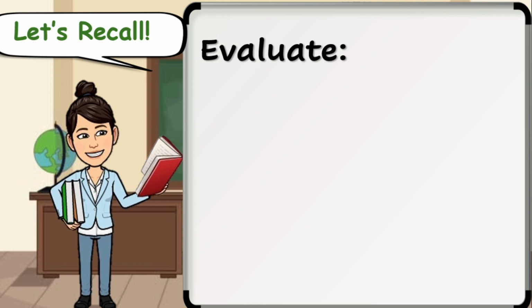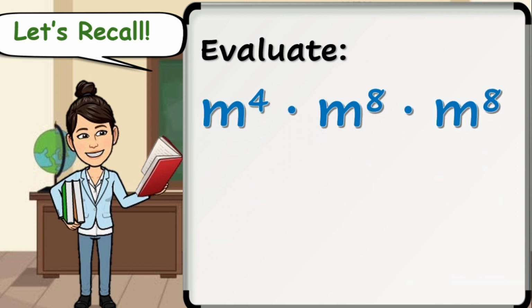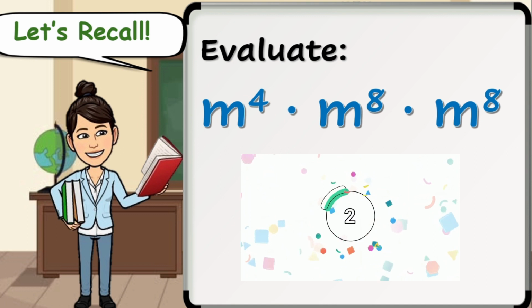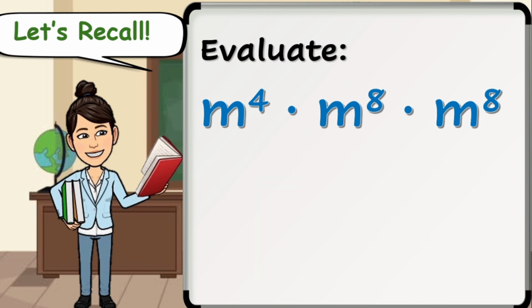Are you ready? Okay. Evaluate m raised to 4 times m raised to 8 times m raised to 8. Your 5 seconds start now. Okay, the answer is m raised to 20.